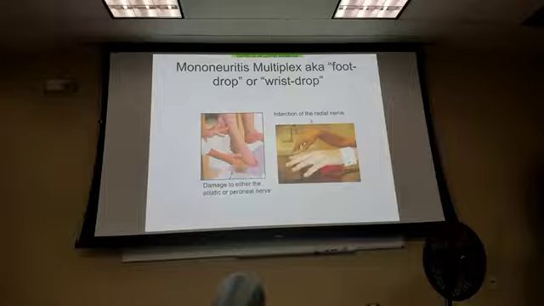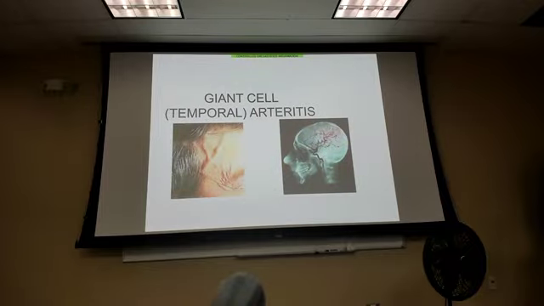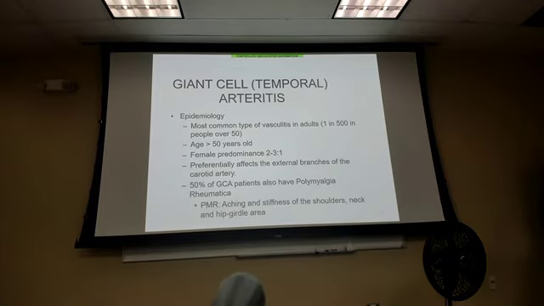So that was all of those first 15 slides-ish. Now let's get into the good stuff. GCA, okay? Most common type of vasculitis in adults. 1 in 500 in people over 50. So it's greater than 50 years old. GCA, most common.